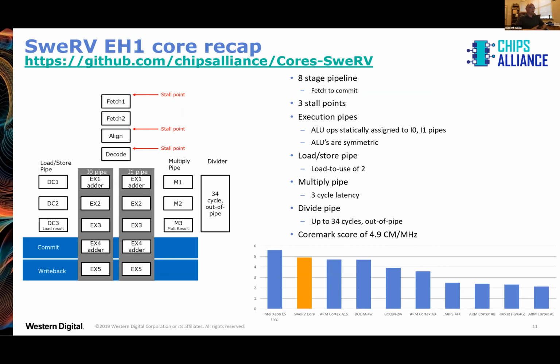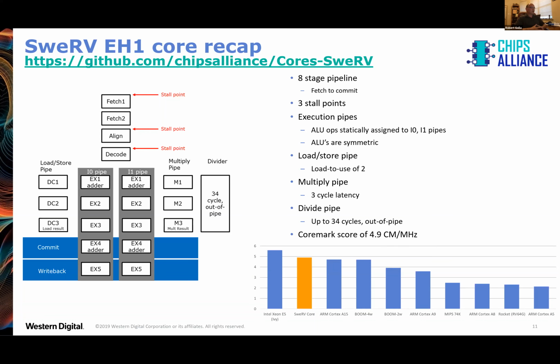And then if you have a load to an add, we had this idea of primary and secondary adders. With that concept, you can actually have a 0, 1, 2, or 3 cycle load to use latency. The multiply pipe is 3 cycles and fully pipelined, and the divider was a 34 cycle out of pipe, so it was blocking. When you do a divide, it's blocking the pipes.